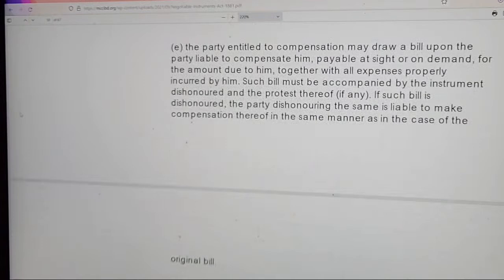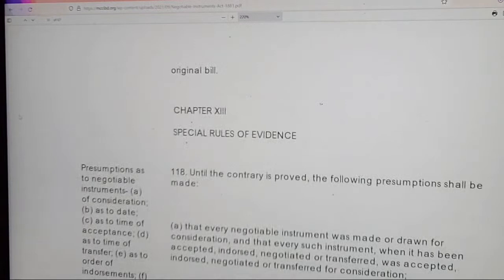E, the party entitled to compensation may draw a bill upon the party liable to compensate him, payable at sight or on demand, for the amount due to him, together with all expenses properly incurred by him. Such bill must be accompanied by the instrument dishonored and the protest thereof, if any. If such bill is dishonored, the party dishonoring the same is liable to make compensation thereof in the same manner as in the case of the original bill.